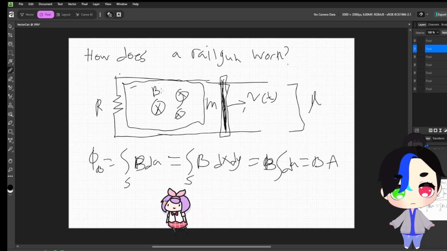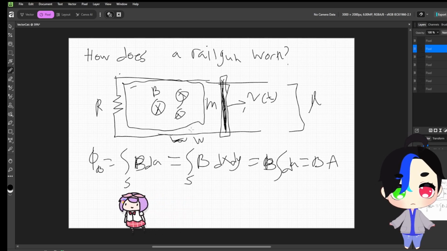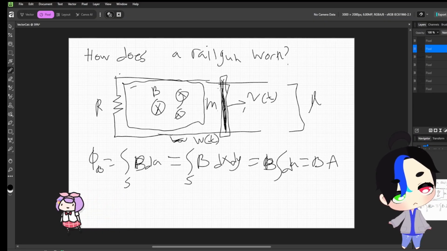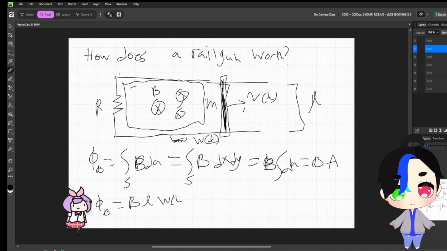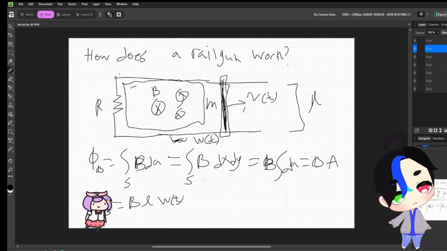And since the bar is moving, the width is going to be increasing with respect to time. So this width is going to change. So phi_B equals B times L times width as a function of time.